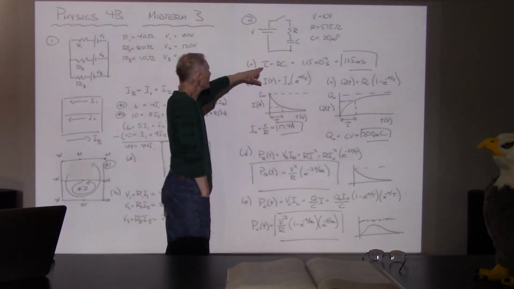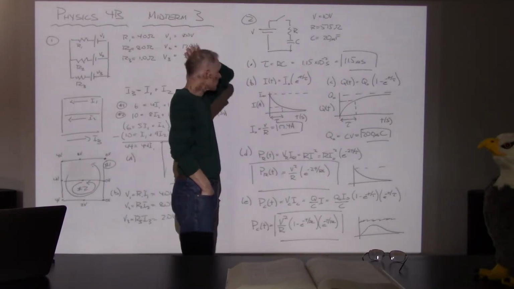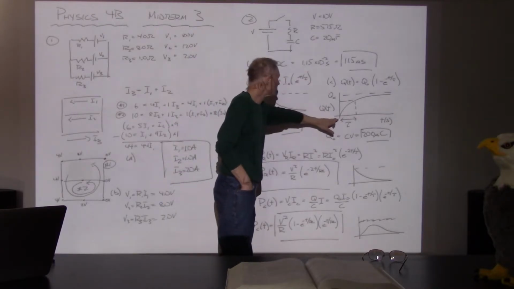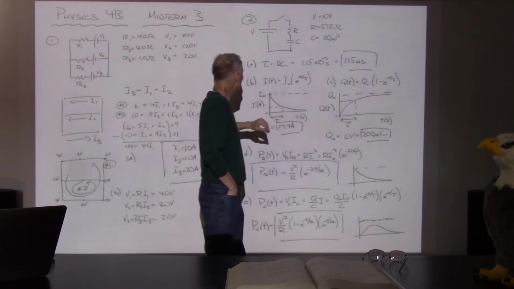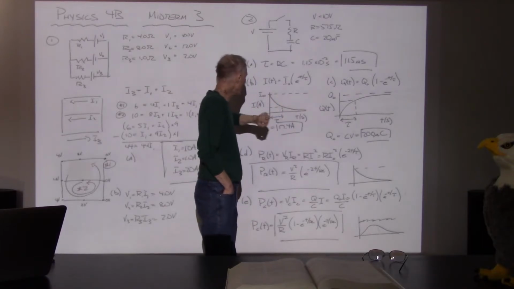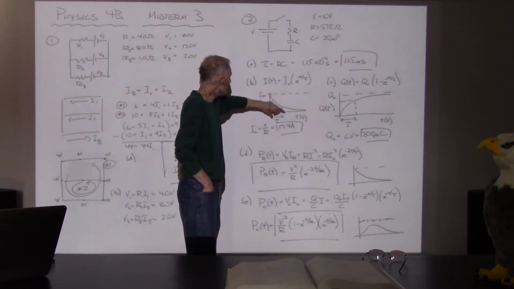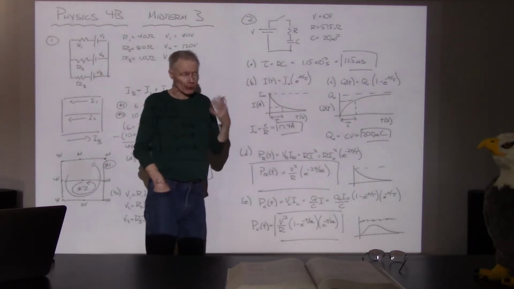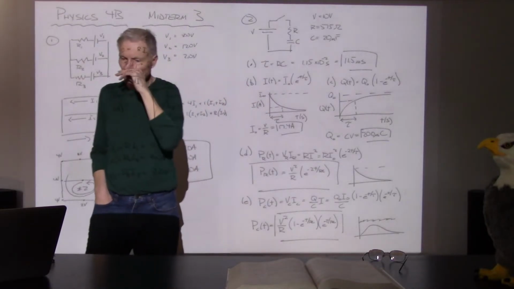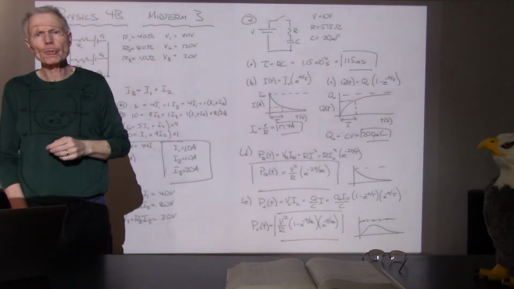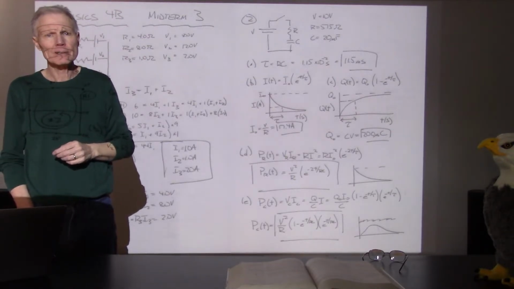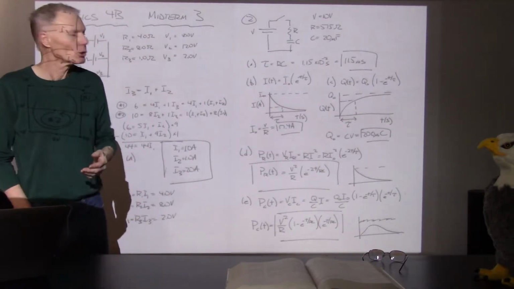Part A says, what's the time constant? Now remember, time constants are something I can graph. For the exponential drop-off, one time constant tells me when the current will have dropped to 37% of its original value.